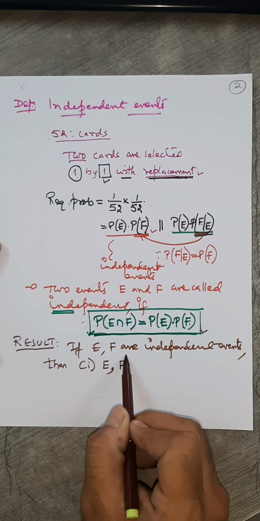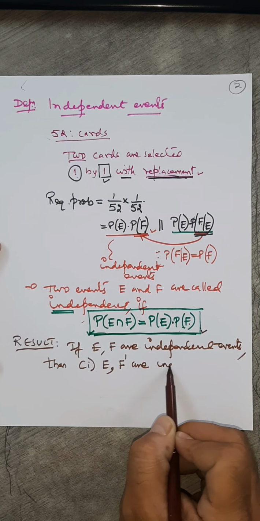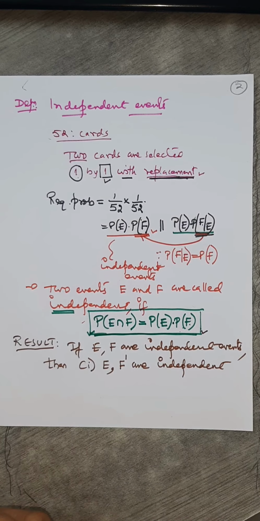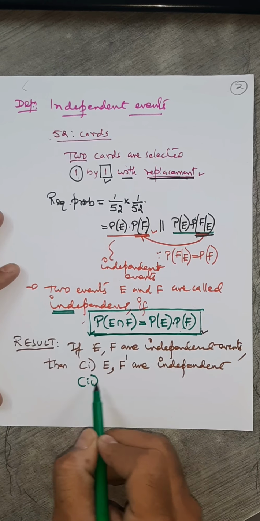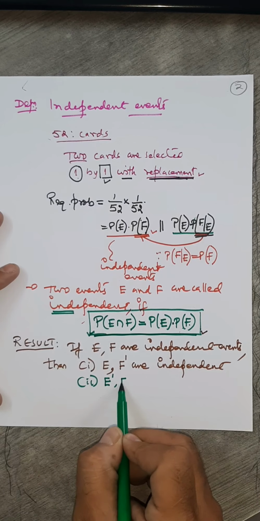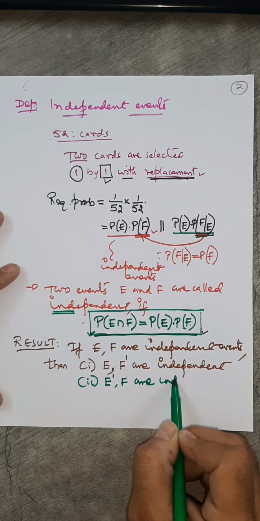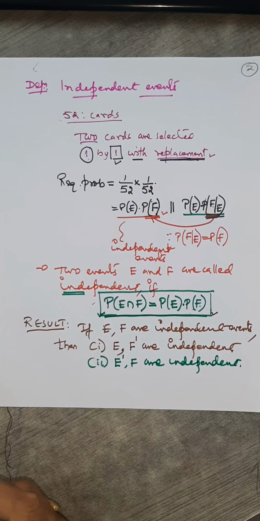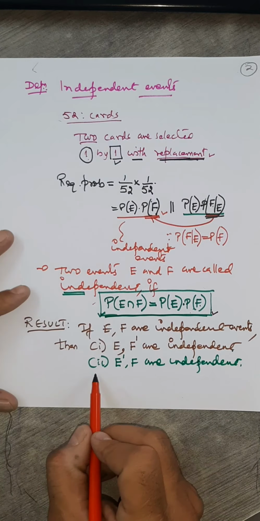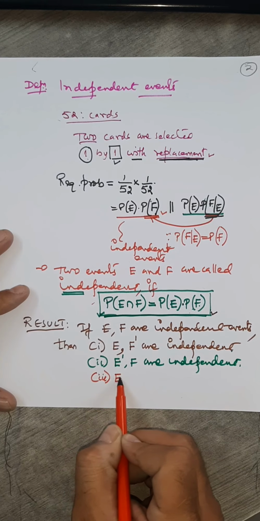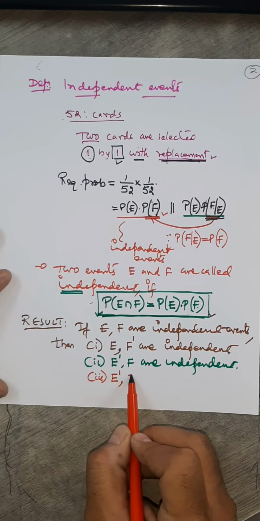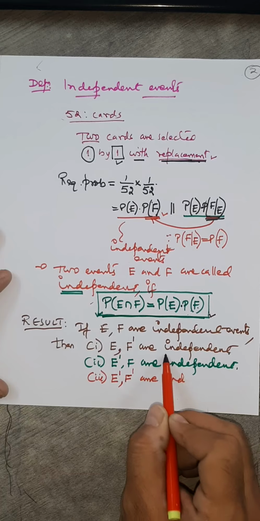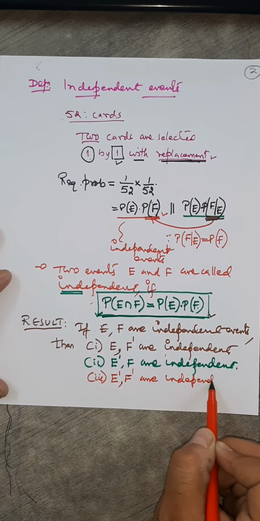First, E and F dash are independent. Second, E dash and F are independent. It can be proved also, not a big task. And the third one says E dash and F dash are independent. You know complementary events; dash means the complementary event. E dash and F dash are independent events.